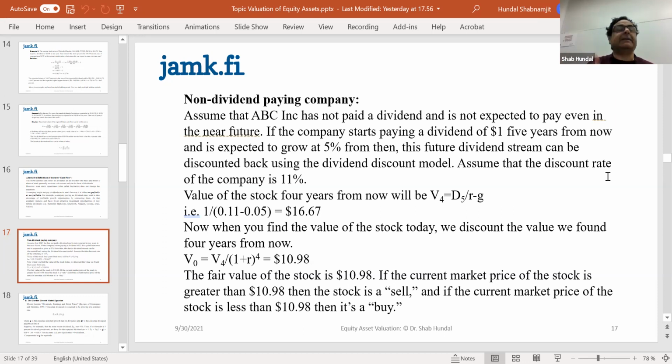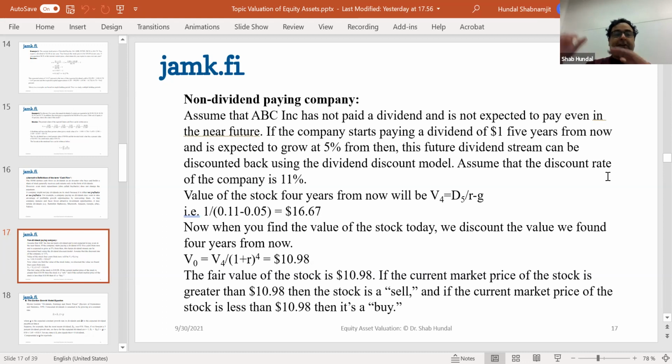So this way you can make some estimation, some guesswork. Whatever methodology they adopt, if the company starts paying a dividend of $1, not now, but 5 years from now, and then it is expected to grow at 5% from then. So first of all, the company is not paying dividend now.